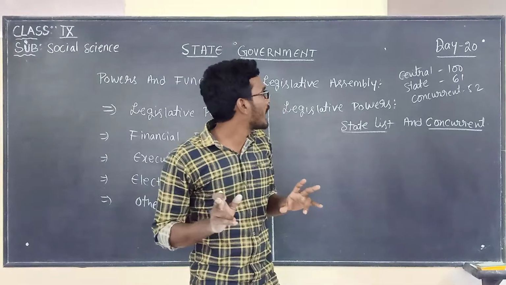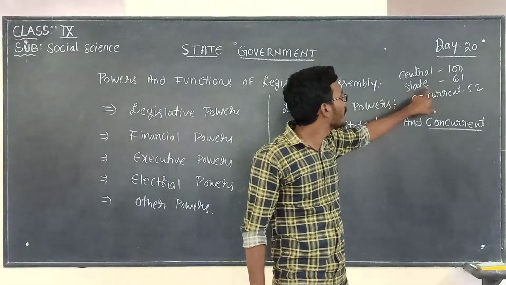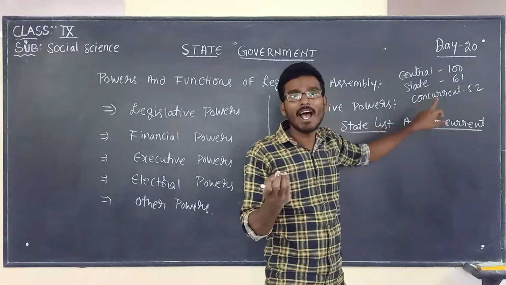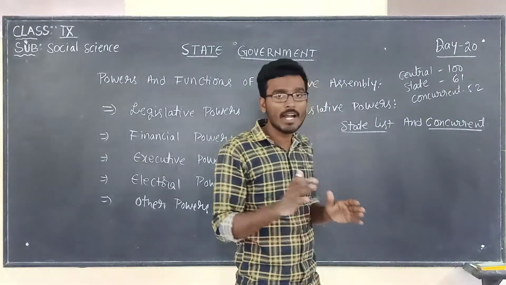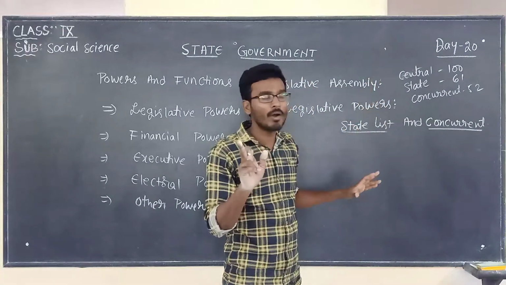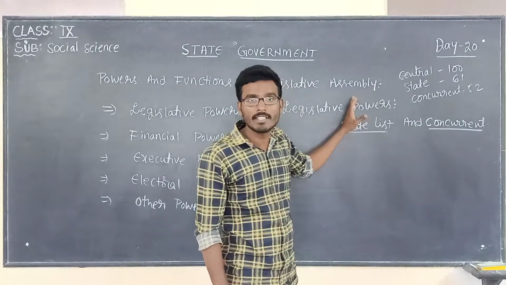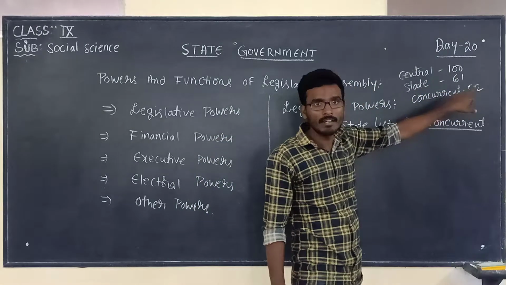For example, one of the major state list topics is the maintenance of law and order, which comes under the responsibility of the state government. The key point is the state legislature will make laws on the state list plus the concurrent list.